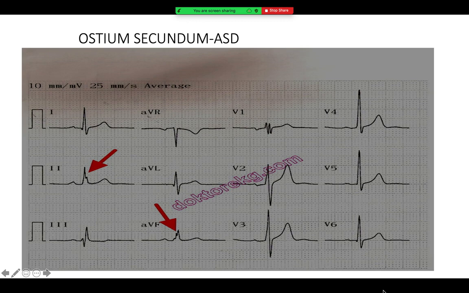So let's start with the P waves. So what do you think? How are the P waves? Or the QRS as well? For example, the P waves look slightly a bit broader, isn't it?